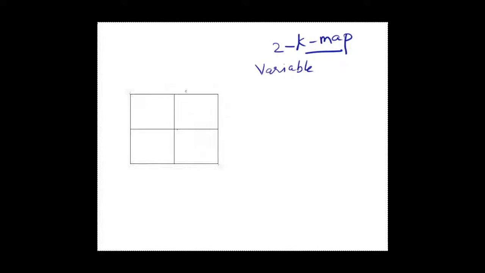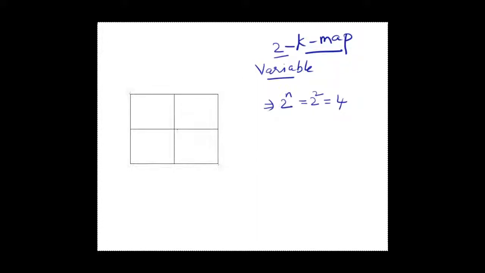2 variable K-map. For this 2 variable K-map, the number of cells will be equal to 2 power n, where n is equal to the number of variables. Here I have a 2 variable K-map, that means my variables are 2. That means 2 to the power of 2 will be equal to 4.